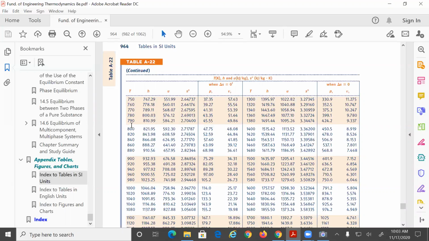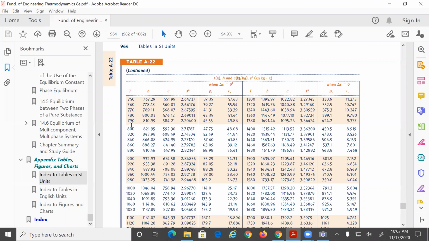We have that H sub A, H sub B. So 780 is 800.03. 790 is 810.99.